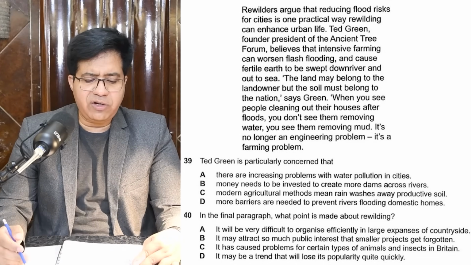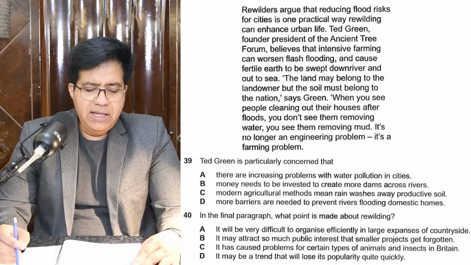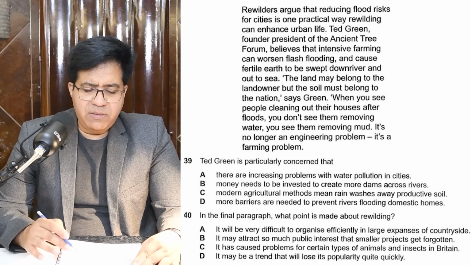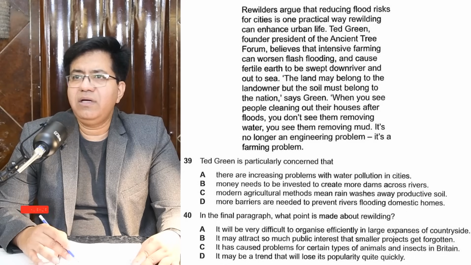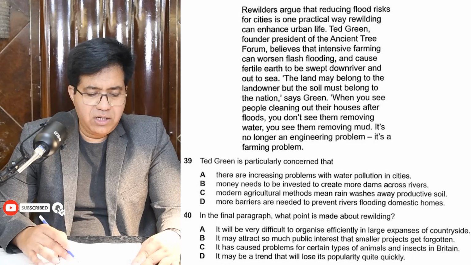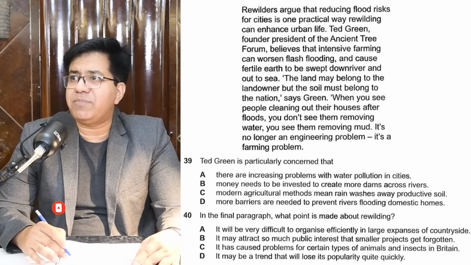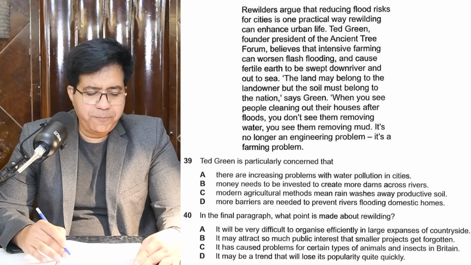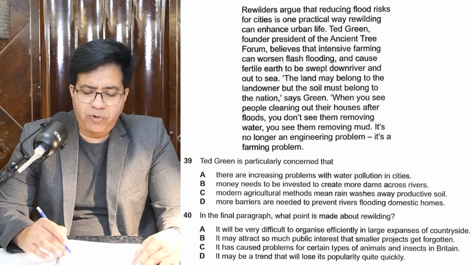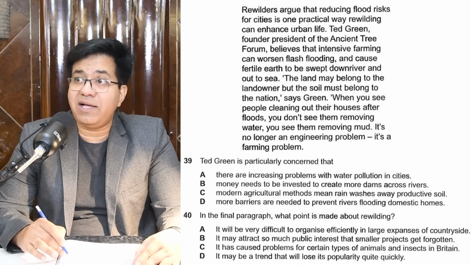Now we come back. Ted Green is particularly concerned that option A, there are increasing problems with water pollution. He did not mention water pollution. Option B, money needs to be invested to create more dams. Not at all. Option C, modern agricultural methods mean rain washes away productive soil.